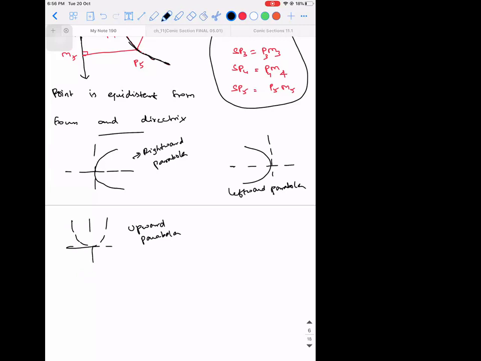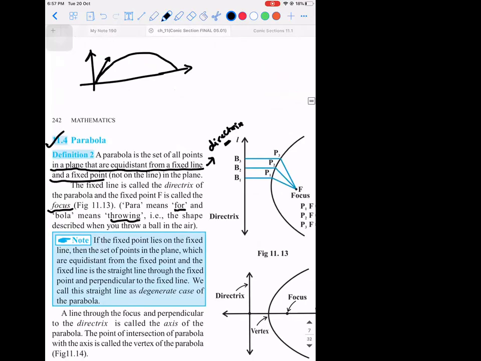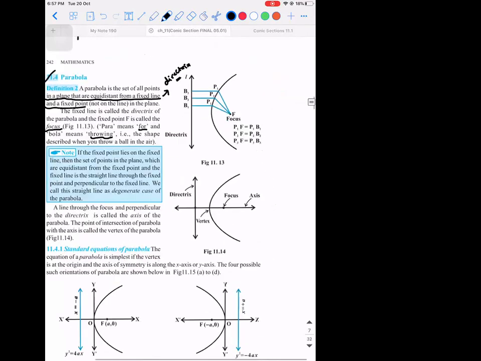The second one can be called an inverted C. And the last will be in the downward direction, so we call it a downward parabola. Now we are going to derive the expression for all these shapes of parabola, where in your syllabus you have the parabolas which are passing through the origin. If you're clear with this, I will introduce some more terms that you need to know. Now see. For a parabola, this is a shape.